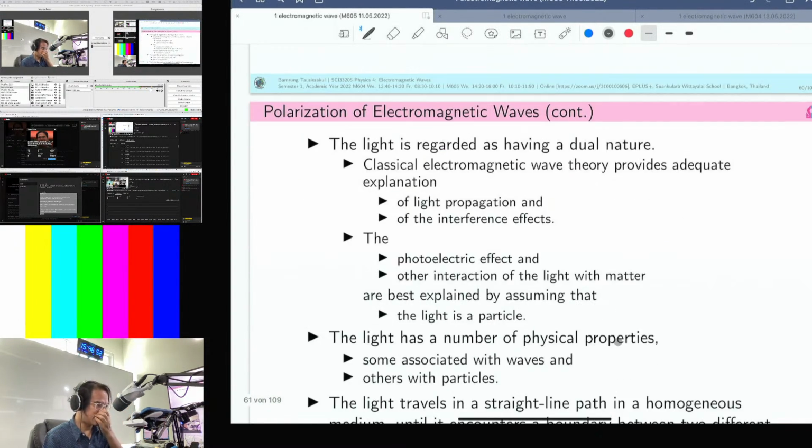Let's talk about the next thing. Light, which is a member of the electromagnetic wave, can be considered as having dual nature, as two things. The first is that it can be simply seen as an electromagnetic wave, according to the classical theory in physics, because we have light propagation, interference effects for the light, reflection, and so on.